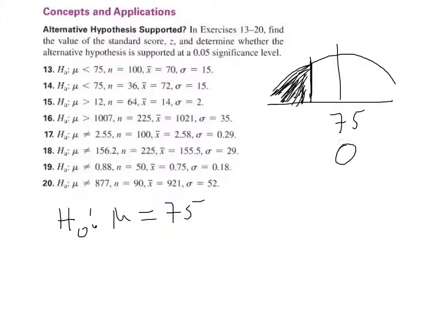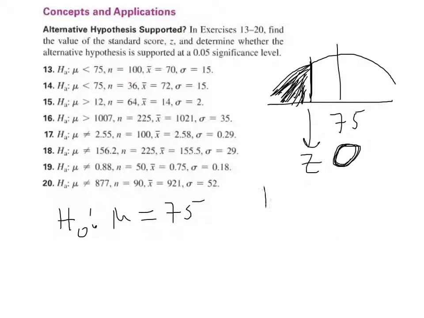Because this will be 0, this z-score will be 0 for the mean, and I'm going to find another z-score for the sample result of 70. Now I know the sample size is 100, so I have to get the standard deviation for this sampling distribution. Standard error is another name for it.